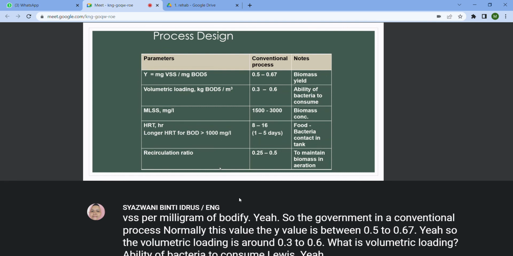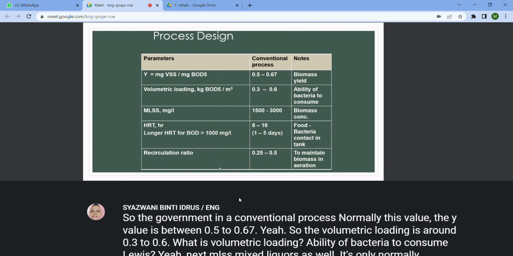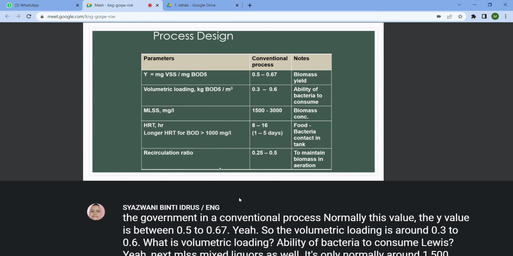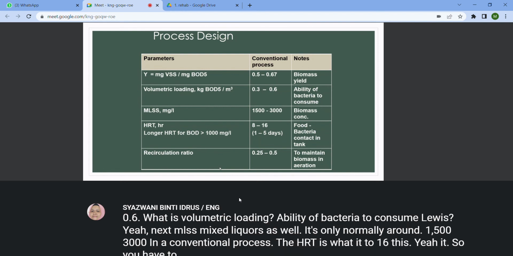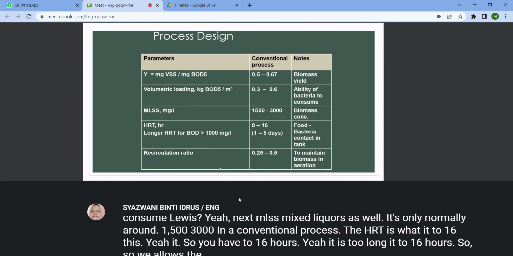Next, MLSS, mixed liquor suspended solids, is normally around 1,500 to 3,000 in a conventional process. The HRT is about 8 to 16 hours. 8 to 16 days is too long. So we allow the bacteria to get in contact with the food.